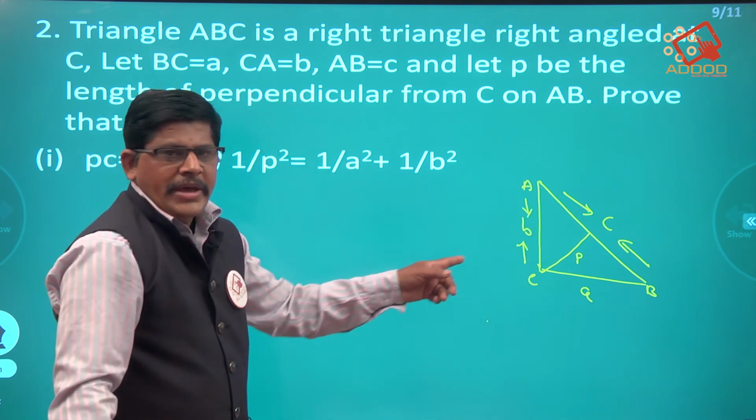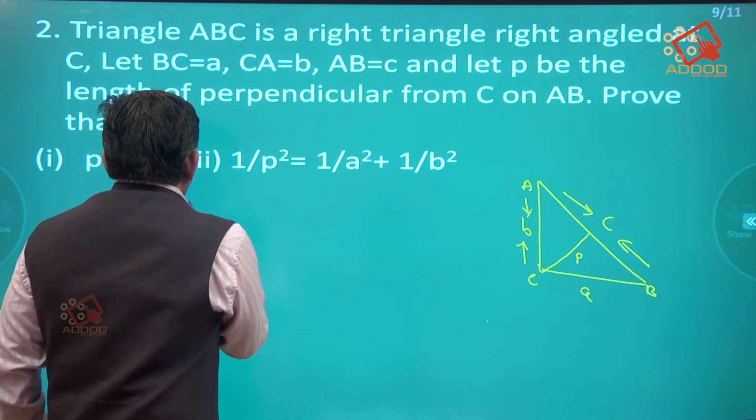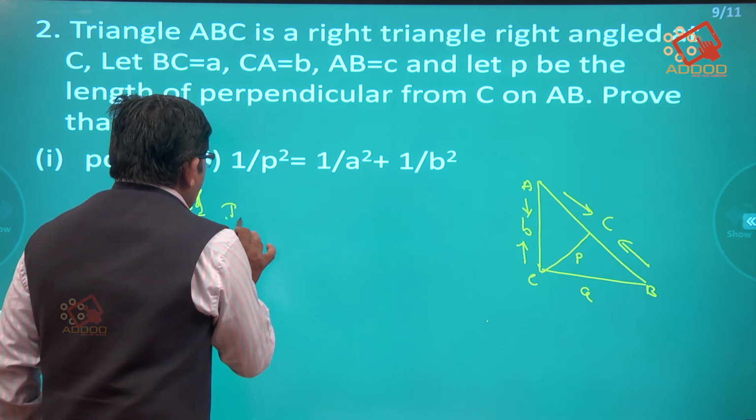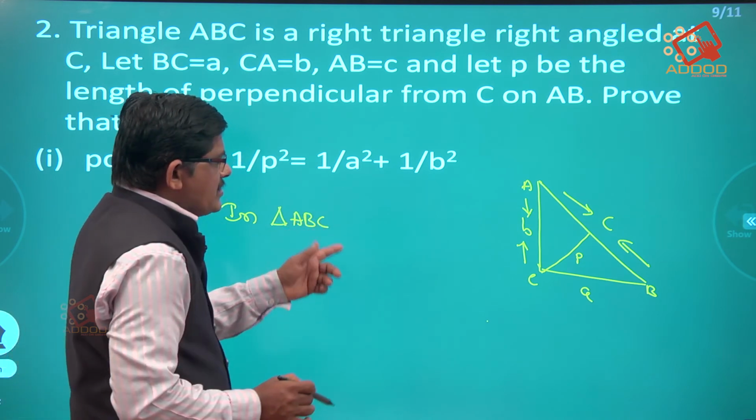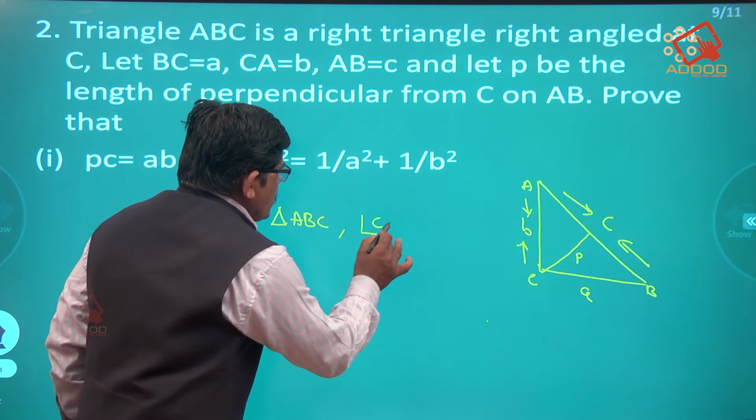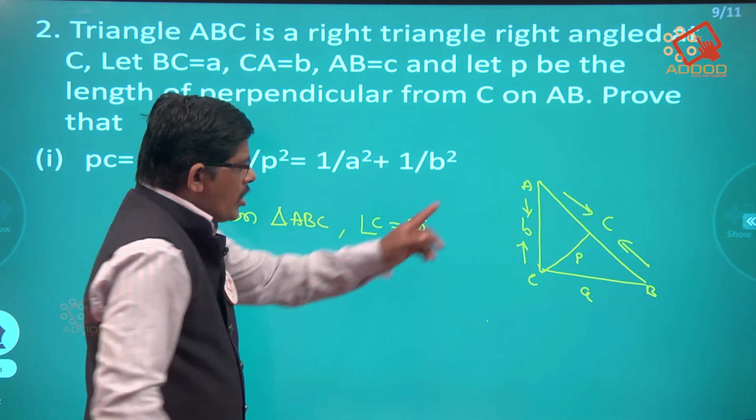Here, applying the right angle triangle, in triangle ABC, angle C is equal to 90 degrees.